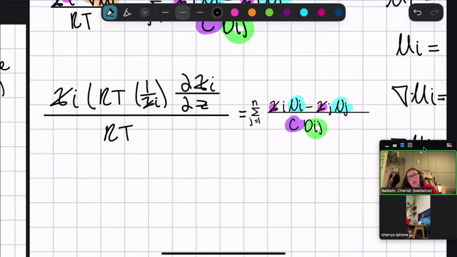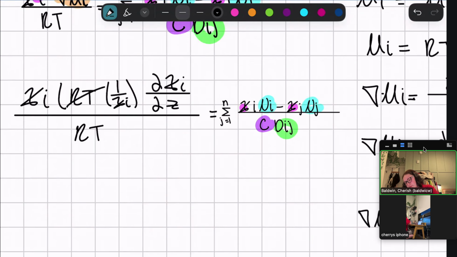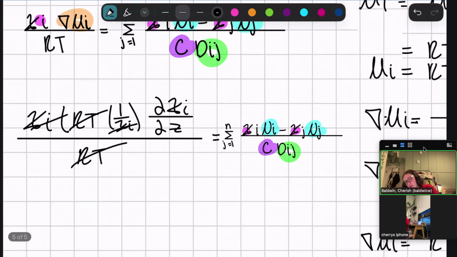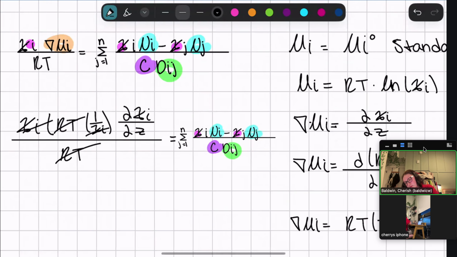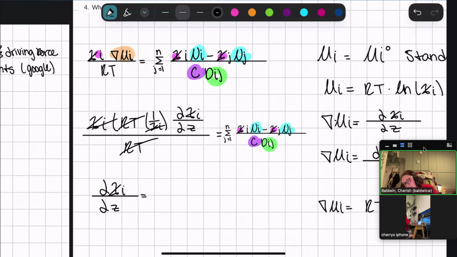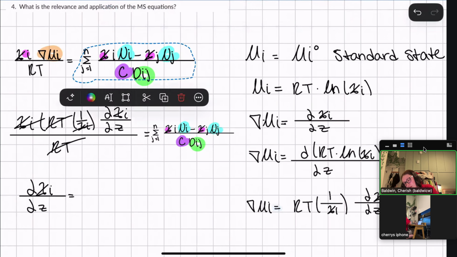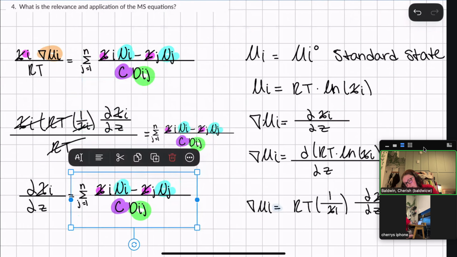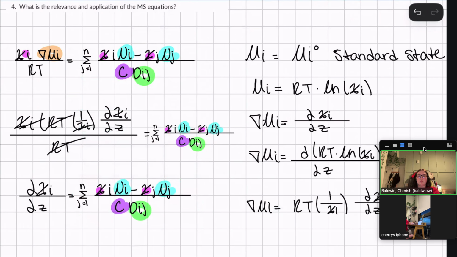And then we can go ahead and cancel out some things. So the Stefan-Maxwell equation is equal to the gradient of xi over dc.